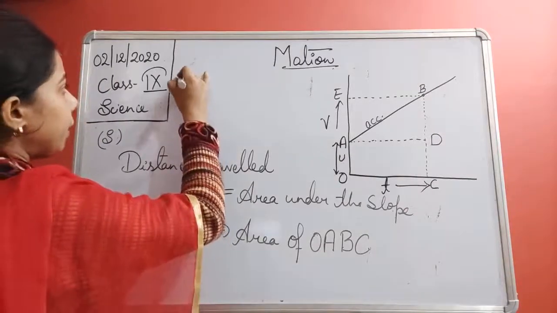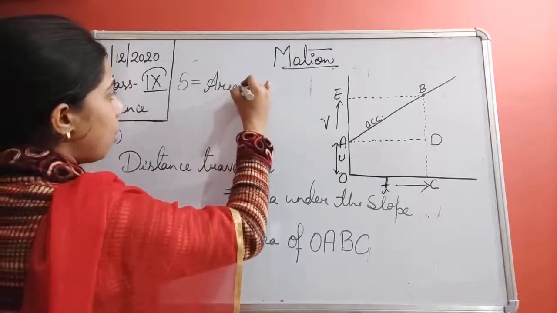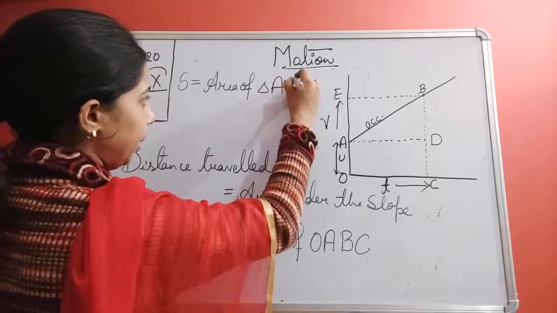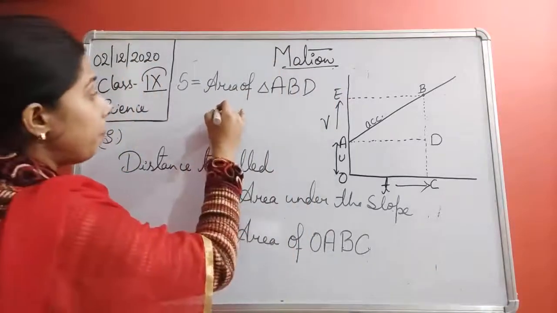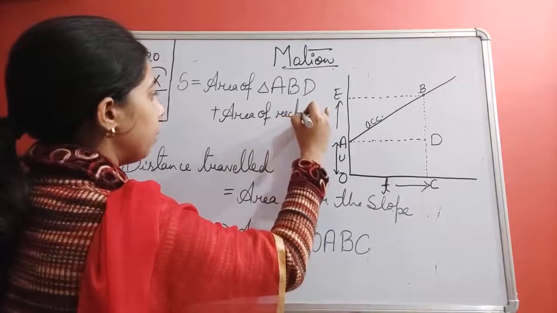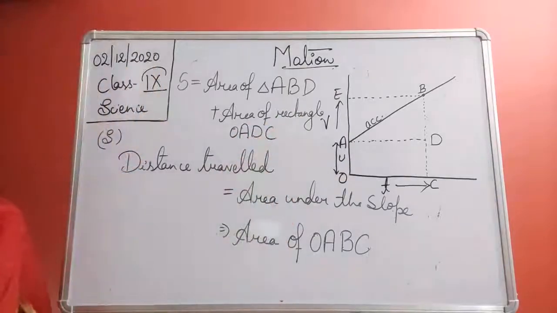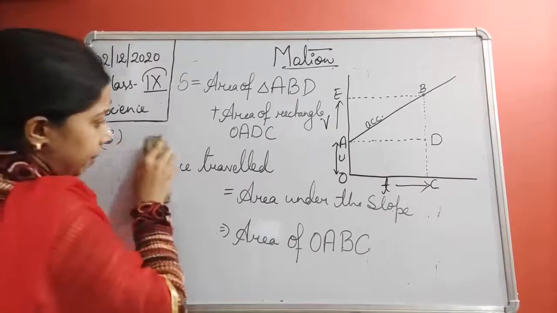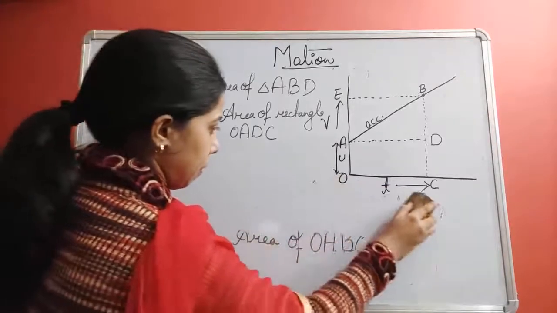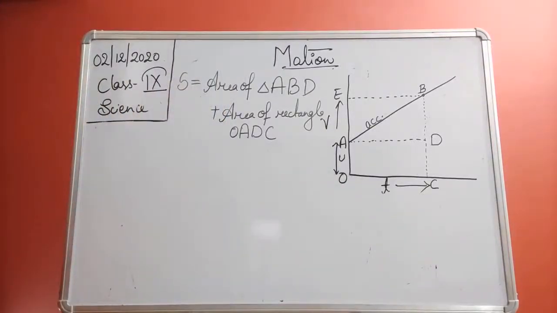So we can also write that S will be equal to the area of triangle ABD plus the area of rectangle OADC. Two figures are there.